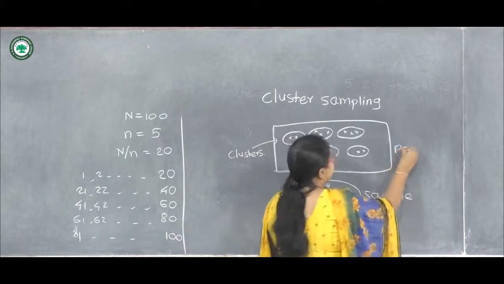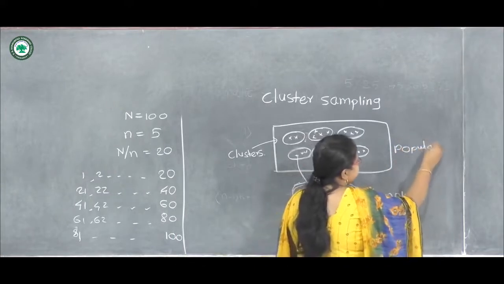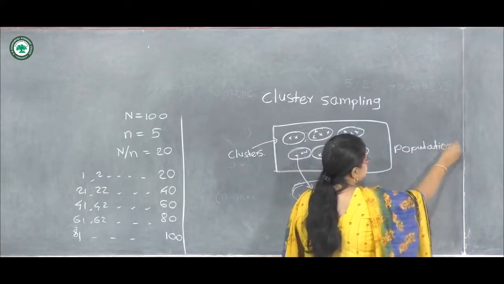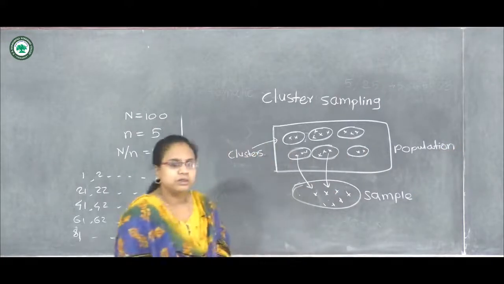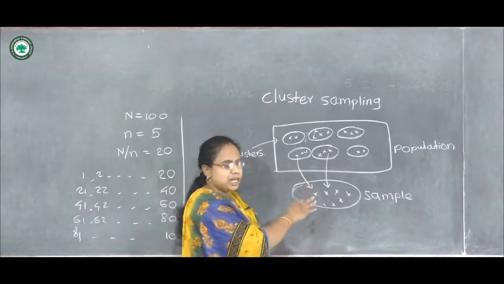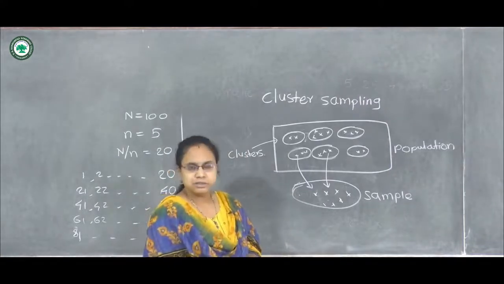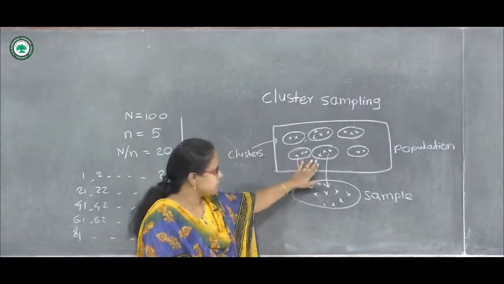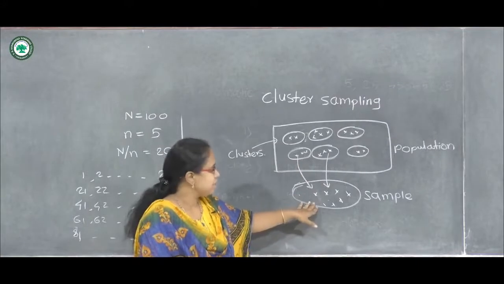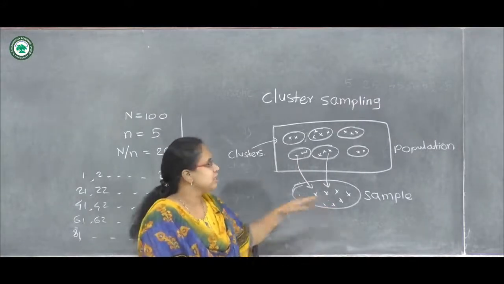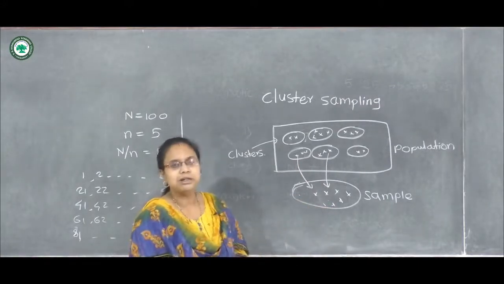So this is the population. From that population we selected the clusters and all the units in those clusters will be my sample units. So this is the cluster sampling method.